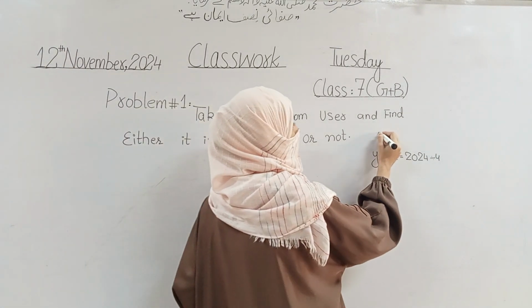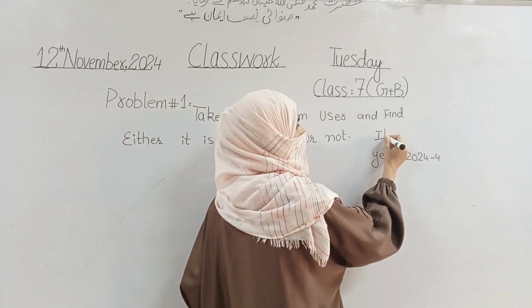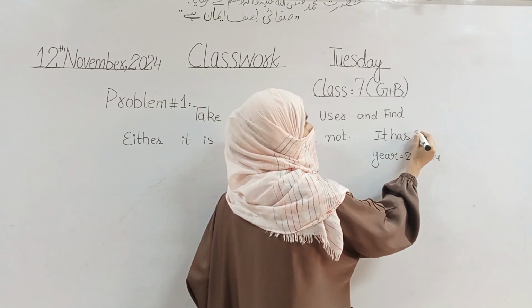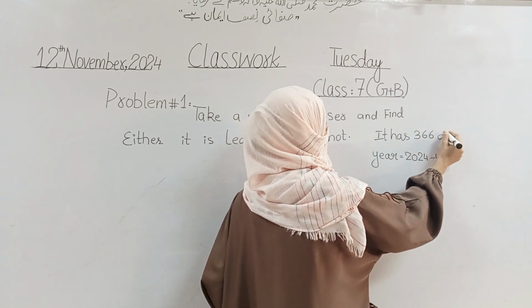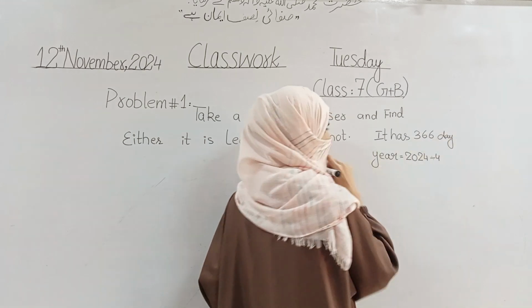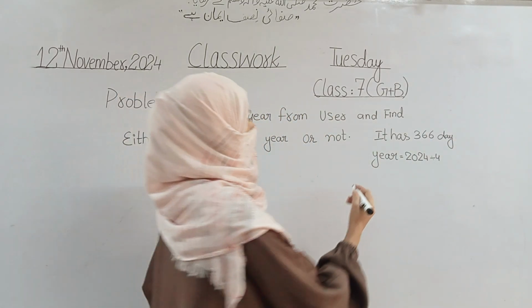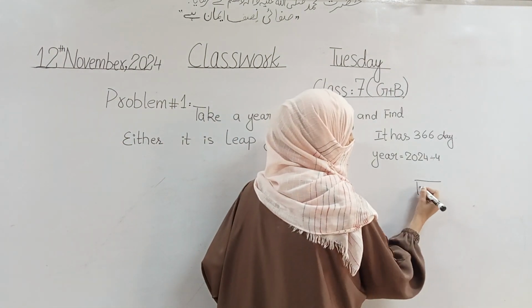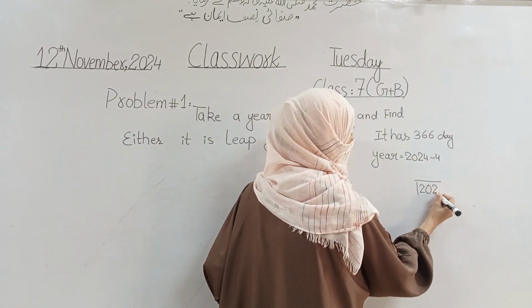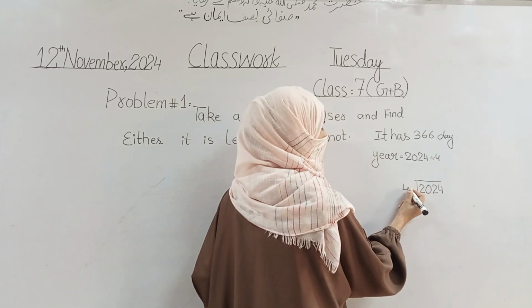So how many days are in a leap year? It has 366 days and is exactly divisible by 4. 2024 divided by 4.